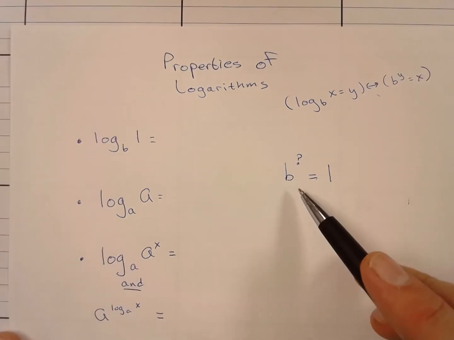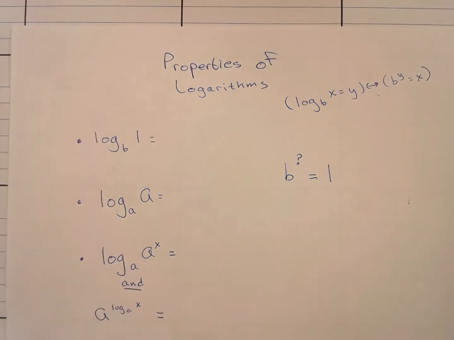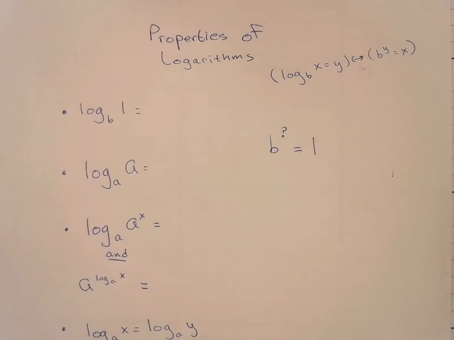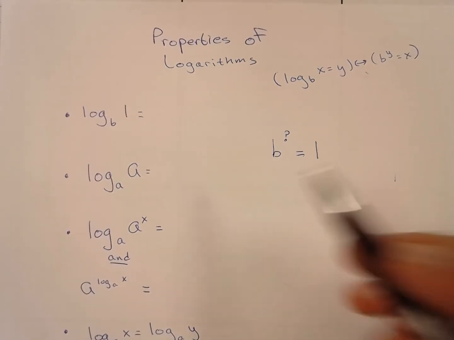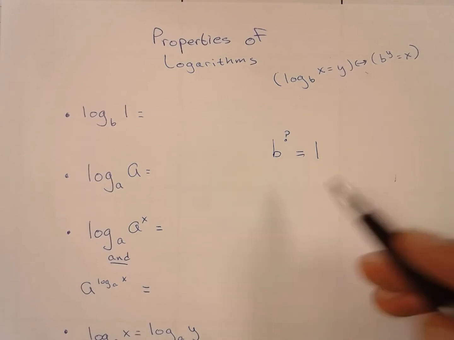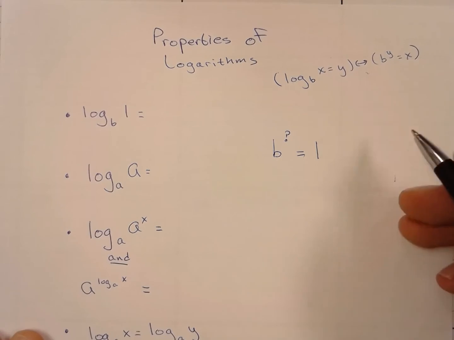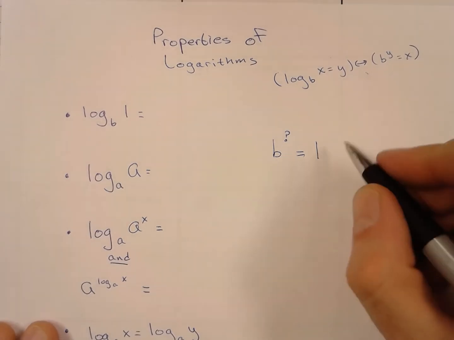Regardless of what b is, actually b can't equal 0, sorry. Almost regardless of whatever b is, not 0. There was a property of exponents that anything besides 0 raised to the 0 power equals 1. Hopefully you remember that from your rules of exponents.